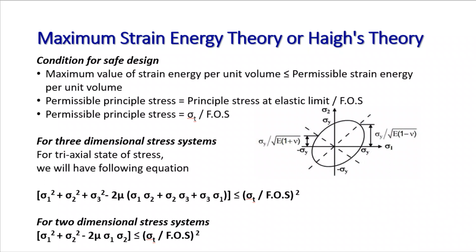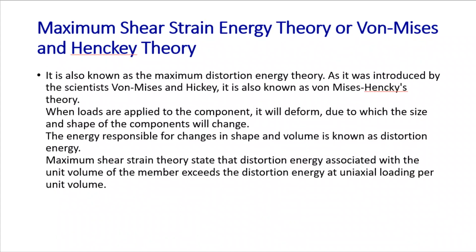Sigma 1 square plus sigma 2 square plus sigma 3 square minus 2 mu into sigma 1 sigma 2 plus sigma 2 sigma 3 plus sigma 3 sigma 1 should be less than or equal to sigma t by factor of safety, whole square. For a two-dimensional system, sigma 3 is 0. When you substitute that, you will get this. And this is the failure plane when you plot it in a 2D system. This graph.